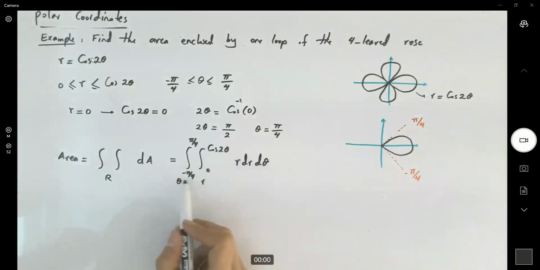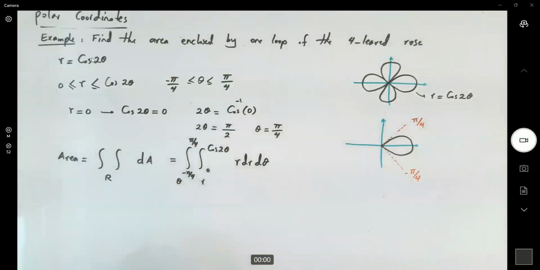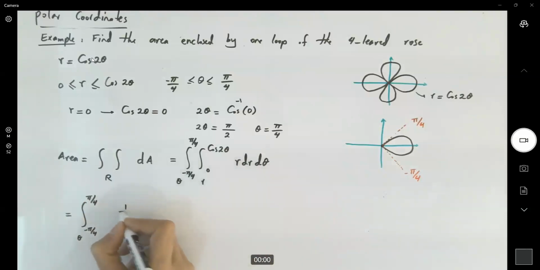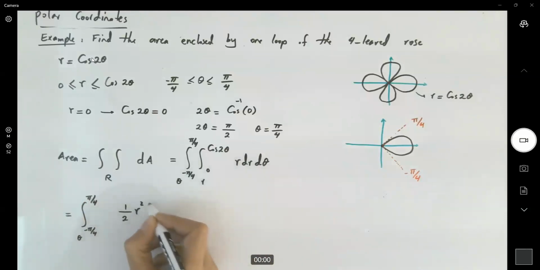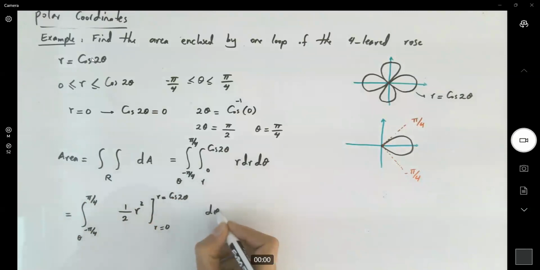Guys, for now, we cannot separate these two integrals because r depends on theta. We should be just careful here. This is equal to the integral of theta ranging between negative pi over 4 to pi over 4, and here you have a half r squared, r ranges between 0 to cosine 2 theta, and then d theta.